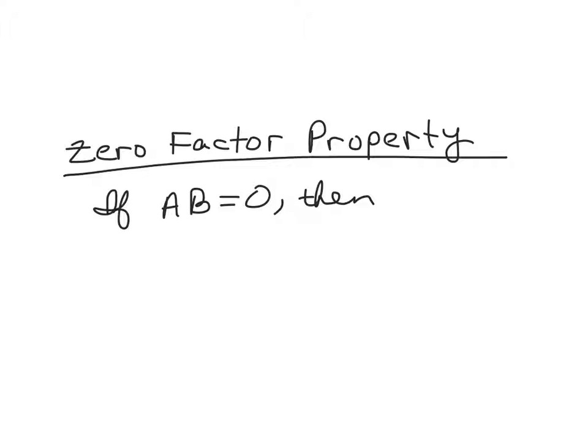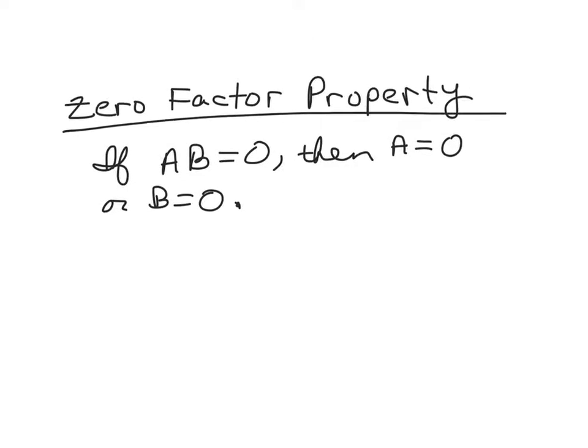So if A times B is equal to 0, that means A is equal to 0, or B is equal to 0, or they're both equal to 0. If either one of them is equal to 0, then A times B is going to be equal to 0. So that's not a difficult concept.